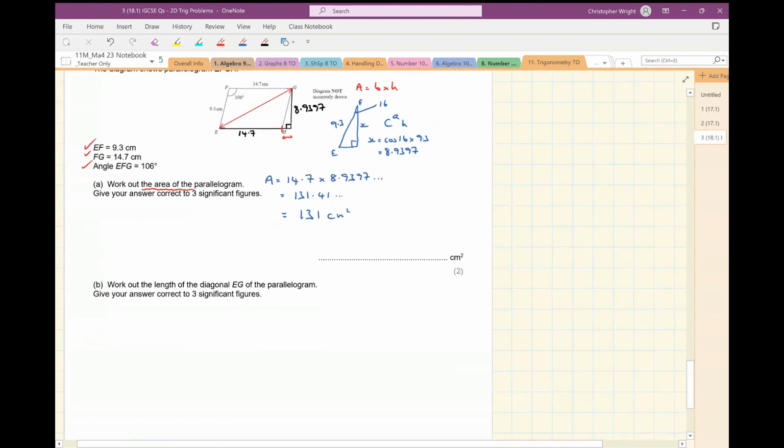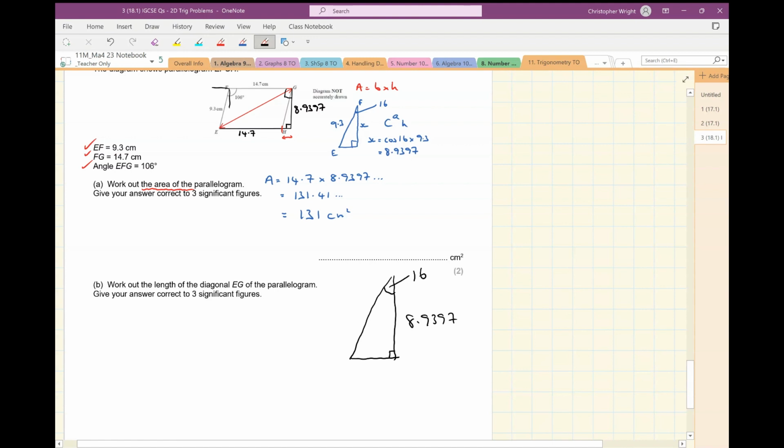Right, so what I've got is a right-angled triangle at the end of that parallelogram. Kind of looks like this. This is 8.9397. This is the right angle. Do I know this angle here? Yes, I do. Okay, what is that angle there? It's going to be 16 again, because this whole thing's 90, and you can see that it's similar to that there.